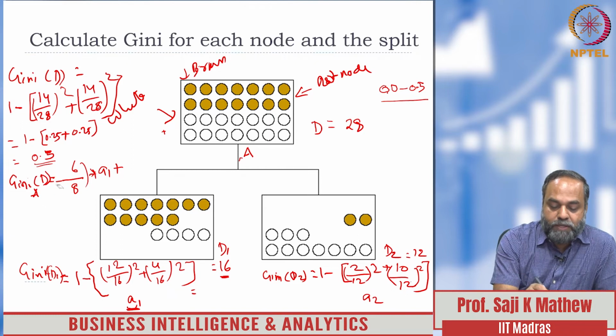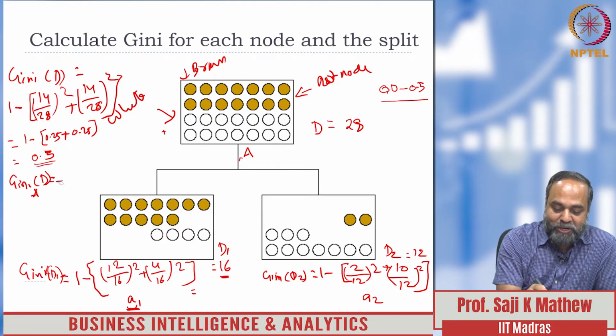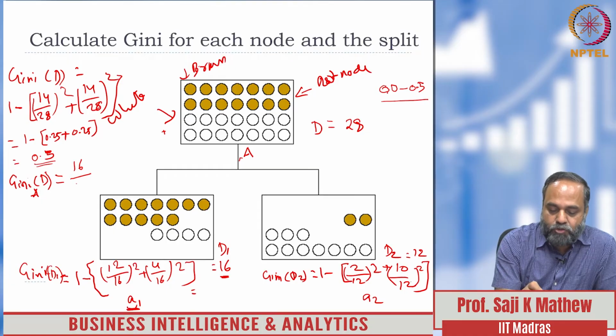This appears to be cluttered, I will write it again, you should not get confused. The Gini score of the split is given by the weighted sum, so the weight is 16 divided by 28, that is the size of the root node.